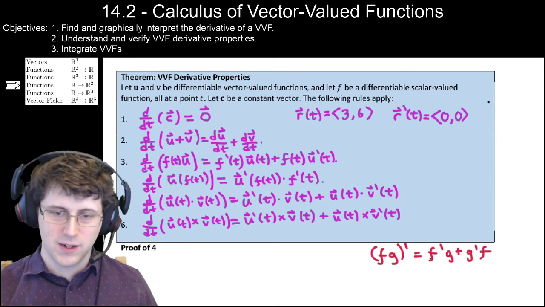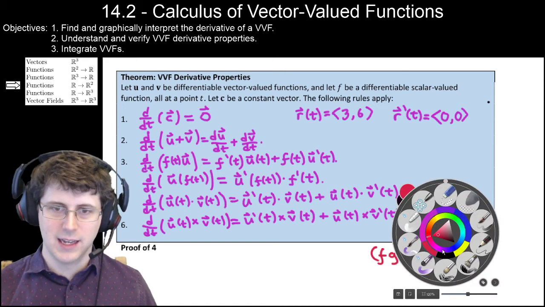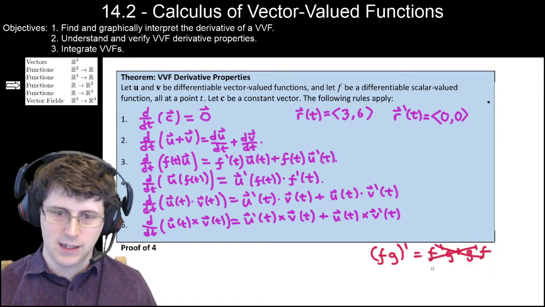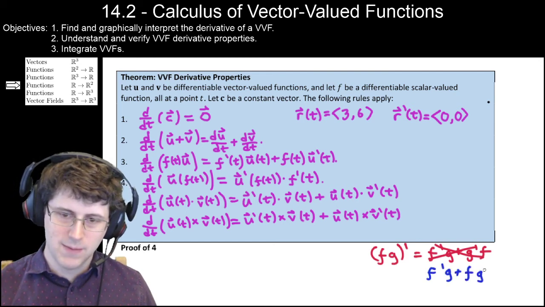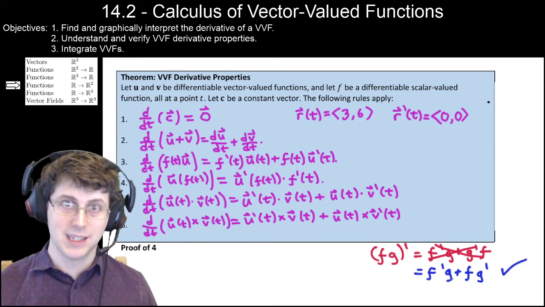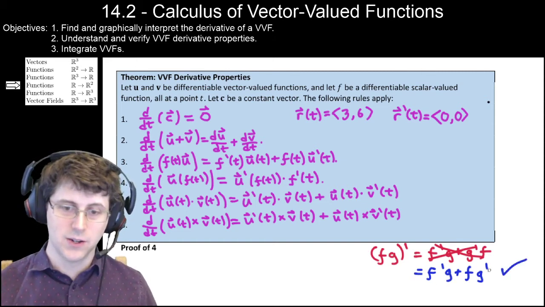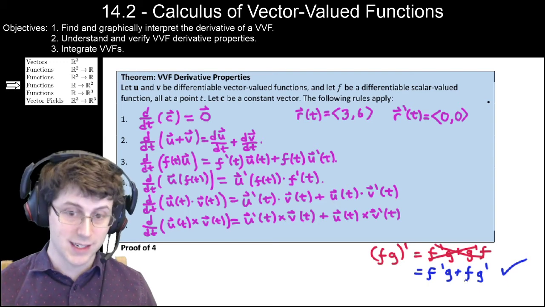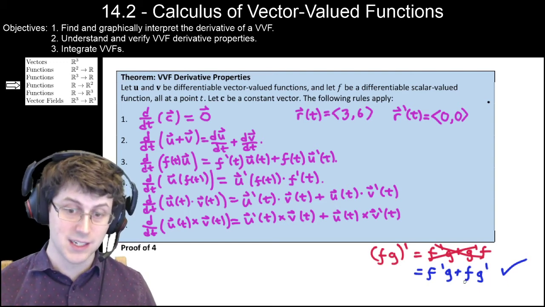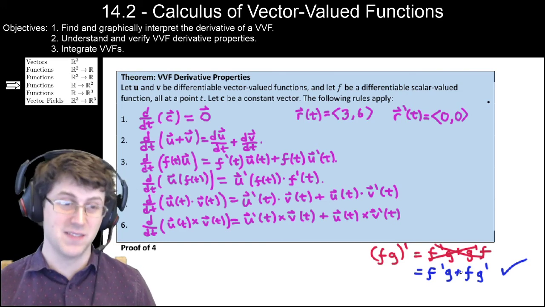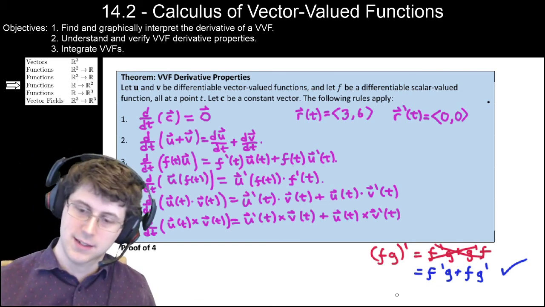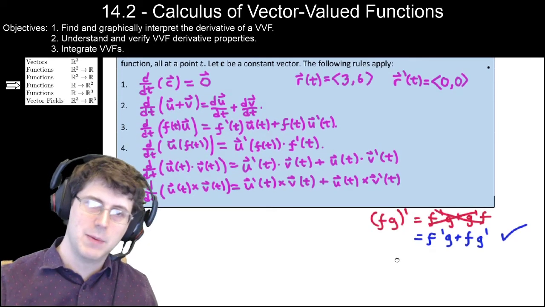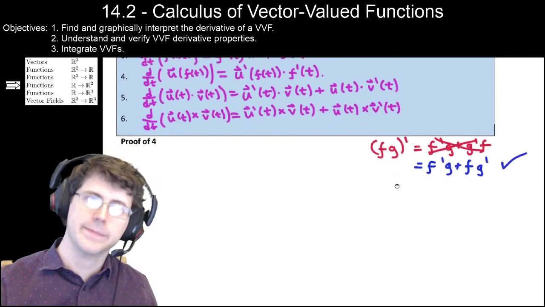If you learned your product rule as f prime g plus f g prime, this way is good, because it continues to work with regular old functions, and it also works with dot products of vector-valued functions, and with cross products of vector-valued functions. So it's sometimes just valuable to memorize things in the right way.